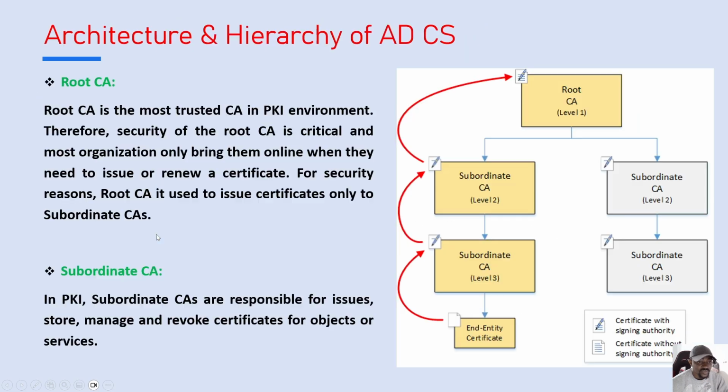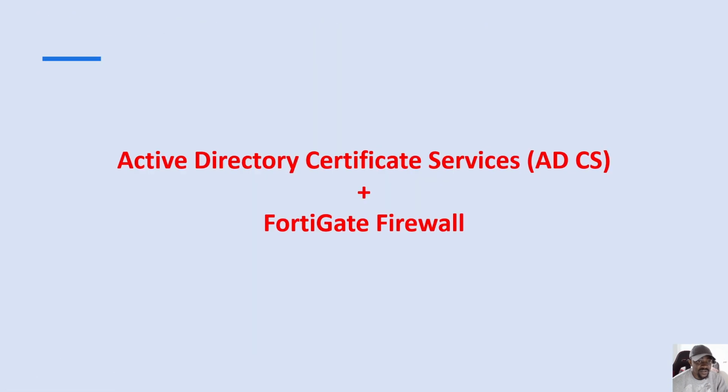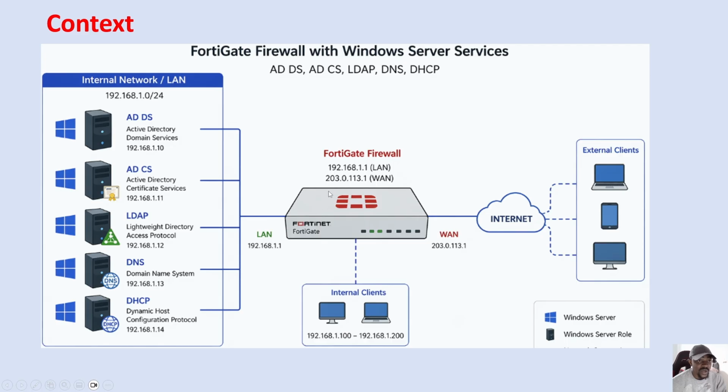So in the previous video, where we did Active Directory Certificate Services for FortiGate firewall, we presented why we were doing this video, because in many companies there are still servers that are running Active Directory roles and services, and most of the time you have some FortiGate firewalls that are there to ensure security between the internal and the external network, and also communication between users and the resources that they access every day.